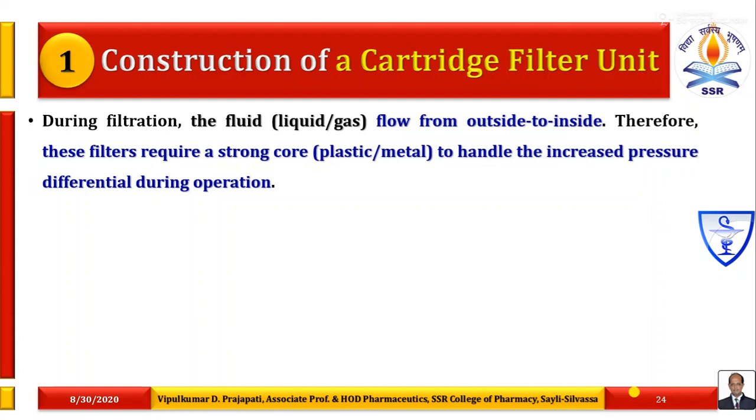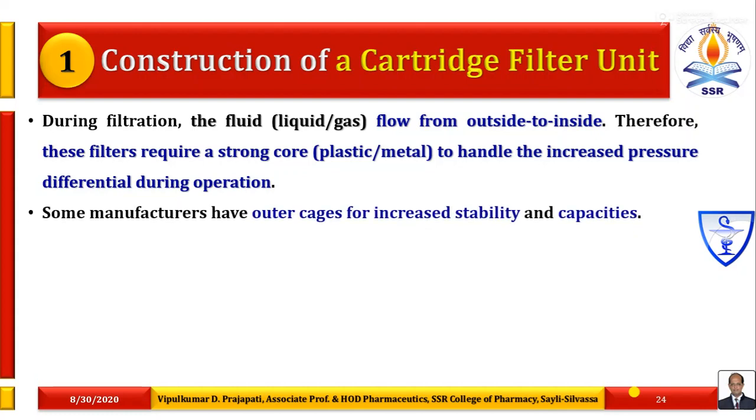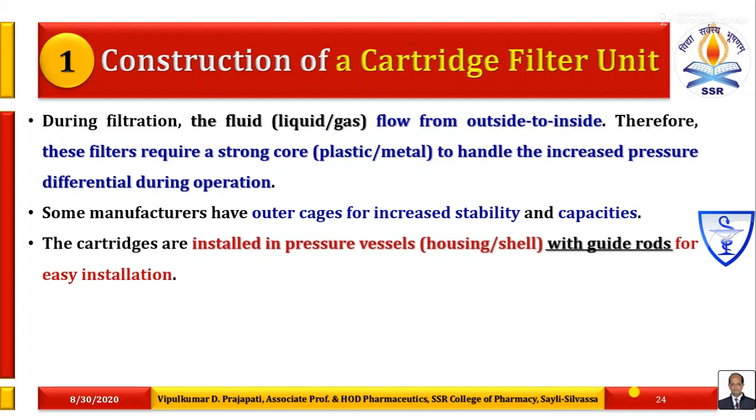During filtration, the fluid flows from outside to inside. Therefore, these filters require a strong core, either plastic or metal, to handle the increased pressure differential during operation. Some manufacturers have outer cases for increased stability and capacities. The cartridges are installed in pressure vessels with guide rods for easy installation.